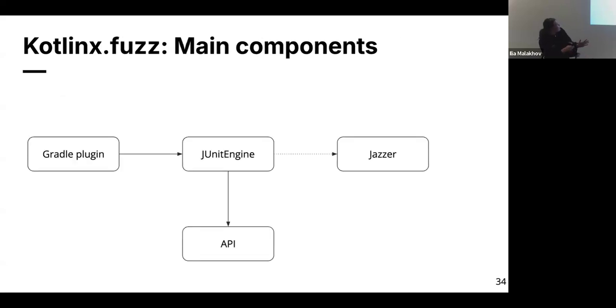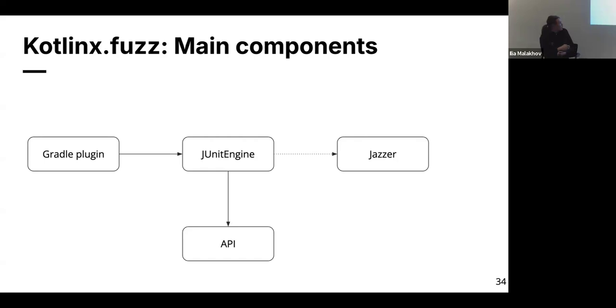And here comes kotlinx.fuzz. We ended up with 4 main components: an API to write fuzz tests, a plugin to actually run all of them, so we don't need all these scripts.